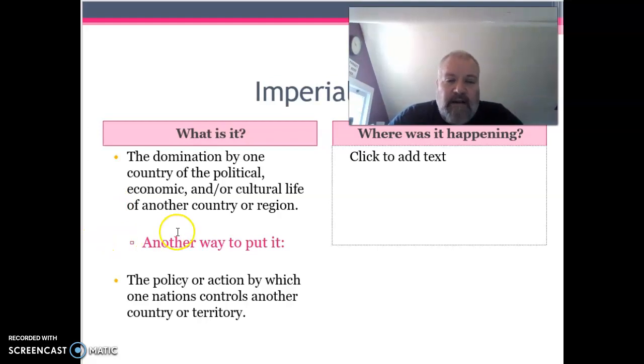Okay. And another way to put it is the policy or action by which one nation controls another country or territory. They're not taking it over. They're not renaming the country, or they're not including it in their country. Like, this is now part of America or whatever. This is different. The name stays the same.